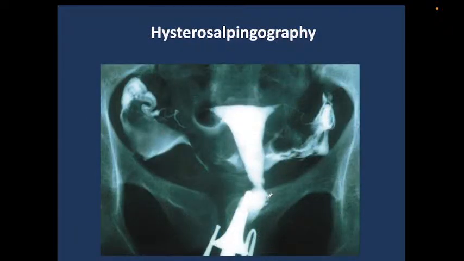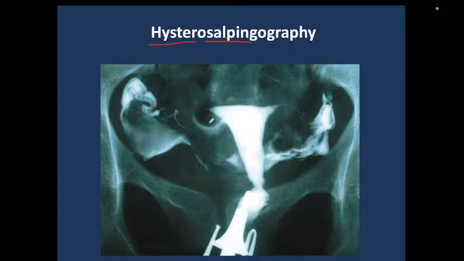Here you see this special X-ray examination of internal female organs, called hysterosalpingography, because hyster is uterus, salpinx is uterine tubes. And why does the doctor recommend such an examination?